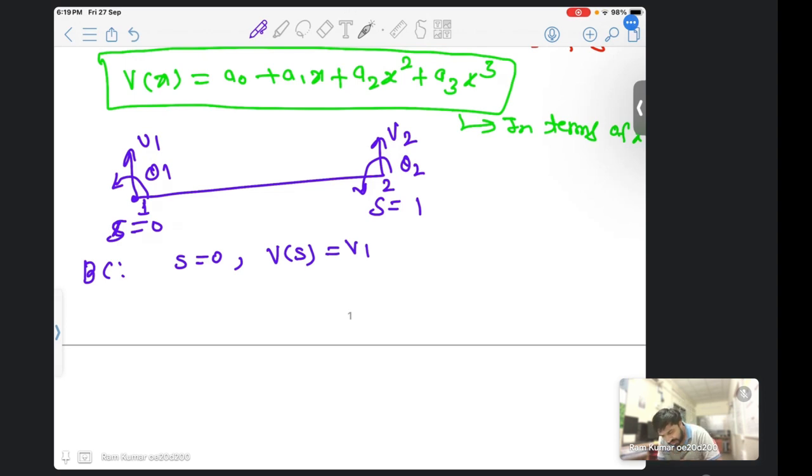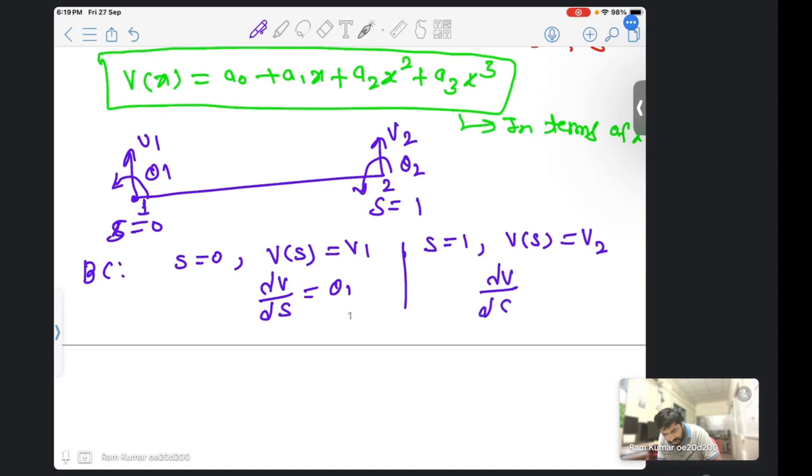Then at s equal to 1, v(s) will be V2. At s equal to 0, dv by ds will be theta 1, and at s equal to 1, dv by ds will be theta 2. These are our 4 boundary conditions. So I will write like this.